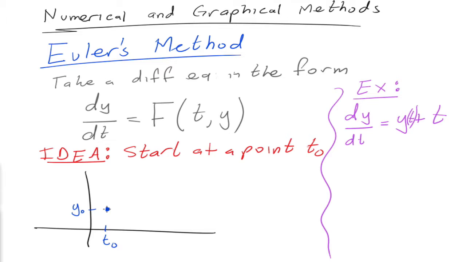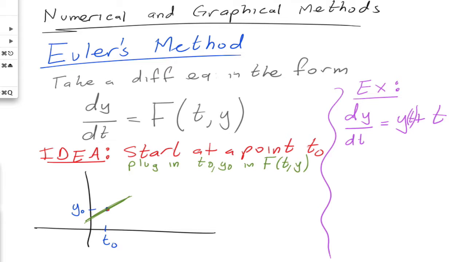So right at this point, I plug in T naught, Y naught in f of t and y. That gives me the rate of change at that point, in other words the slope. So, bam, right there. That's the slope of the tangent. That's all I have: a point and the slope of the tangent line at that point.